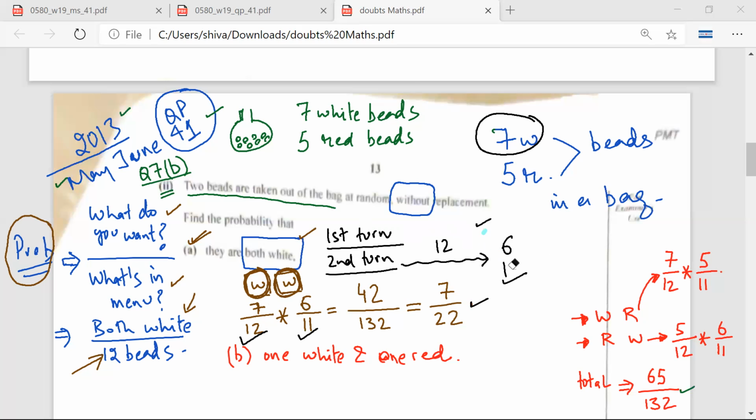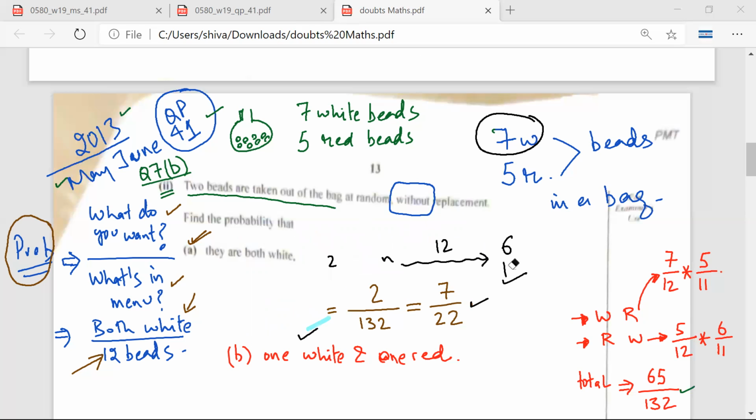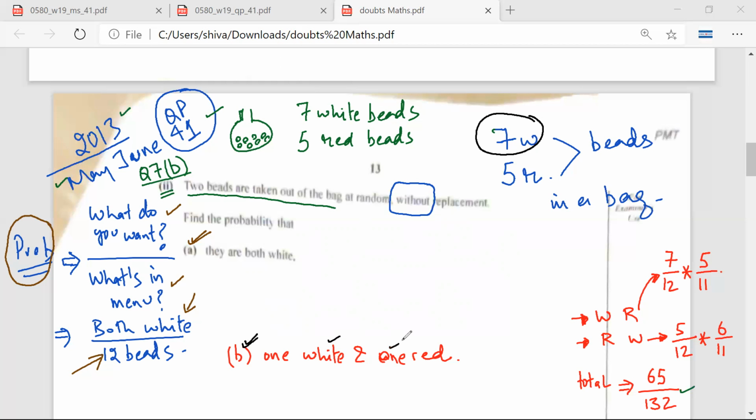Okay. Now the second part of this question says that one of the beads should be white and the other should be red. This is the B part of this question. One white and one red. So let's try to understand this.